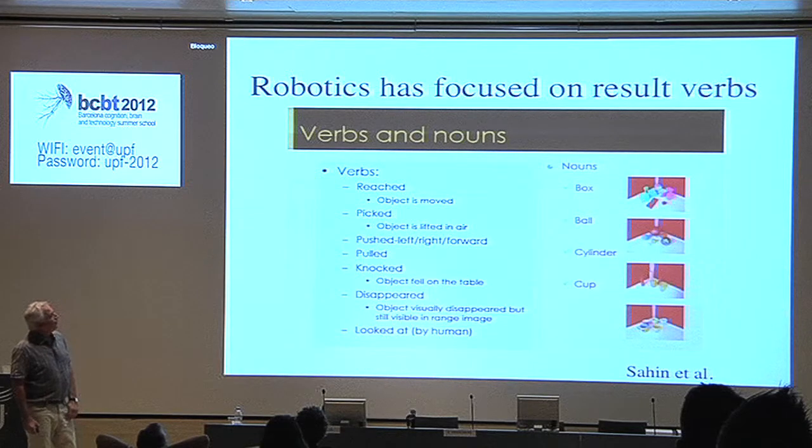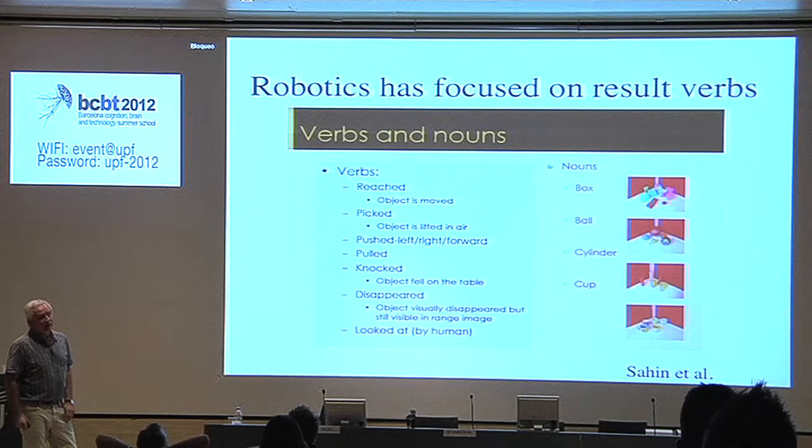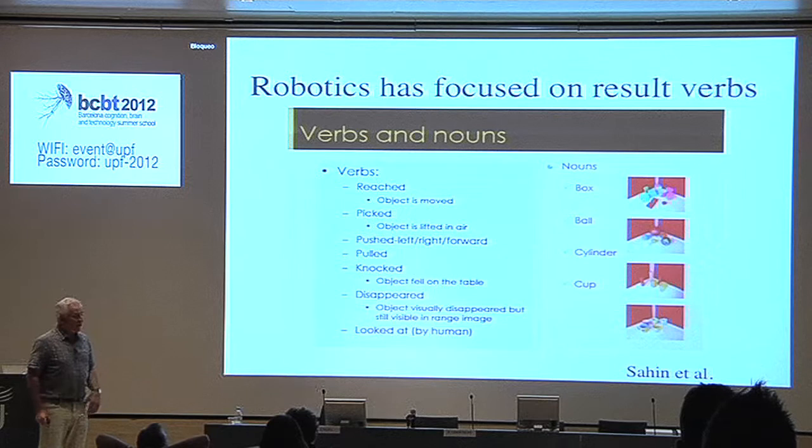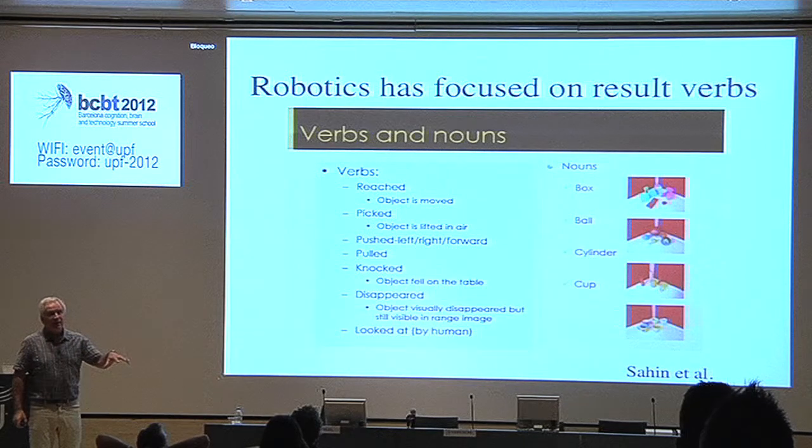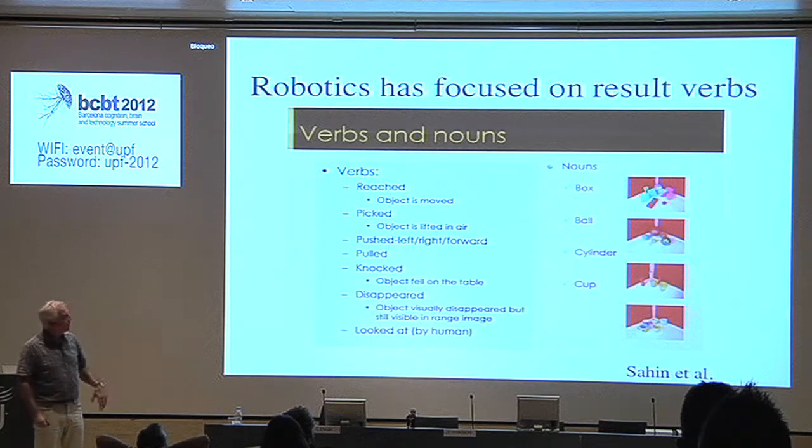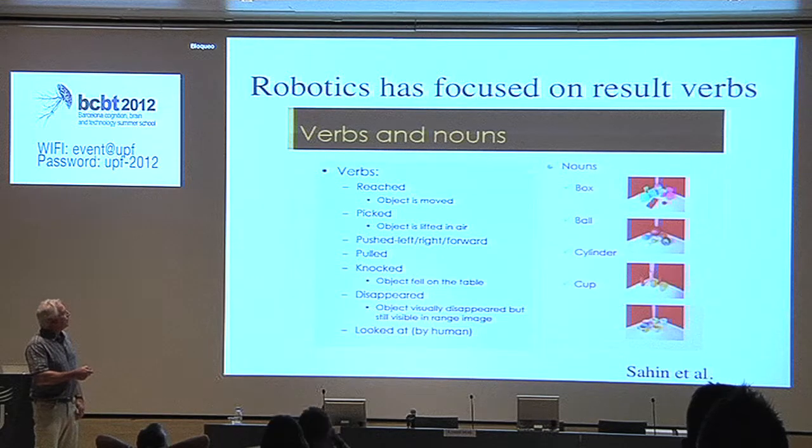Another connection is to robotics. Some groups are trying to extract verbs from objects, human interactions, and other things. This is a picture from Erhan Oztop's group in Ankara, where he tries to identify the following verbs: reached, picked, pushed, pulled, knocked, disappeared, and looked at by human goes out here.